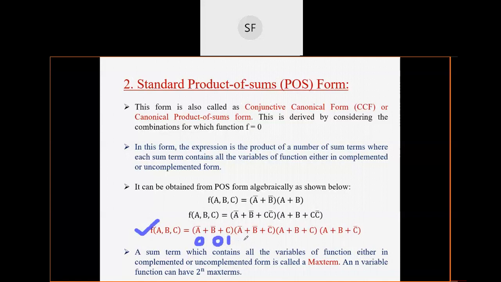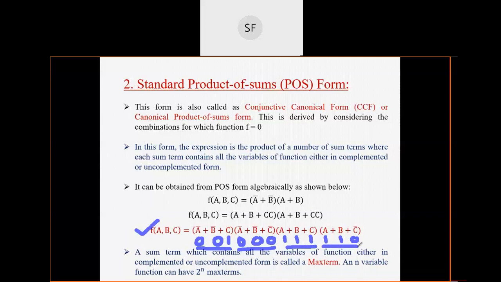Then 0, 0, 0. So this term becomes this max term. The suffix of this max term becomes 1. The suffix of this max term becomes 0. Then again 1, 1, 1. So the suffix of this max term will be 7, and 1, 1, 0.